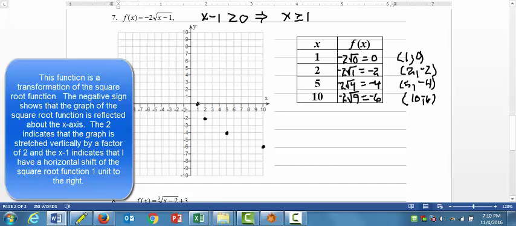And this would actually continue forever. I, however, have run out of graph. So the graph is this smooth curve that looks like this. And it's hard for me to draw on this electronic tablet. So let me just show you a nice picture of that graph.